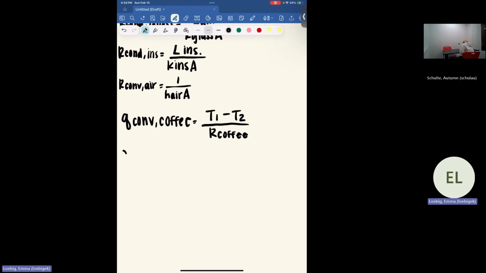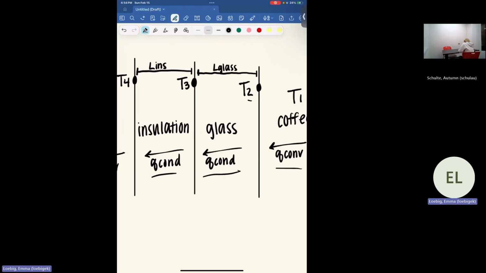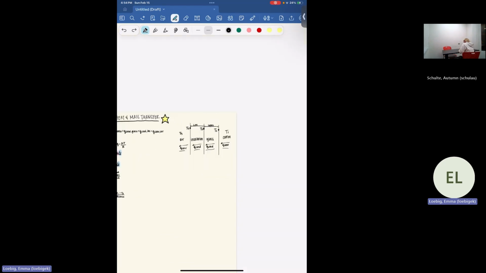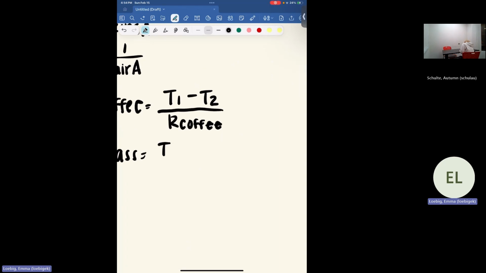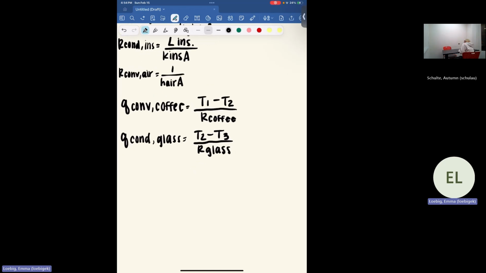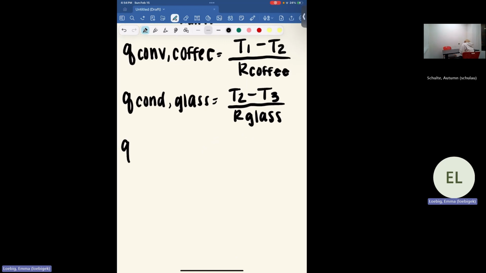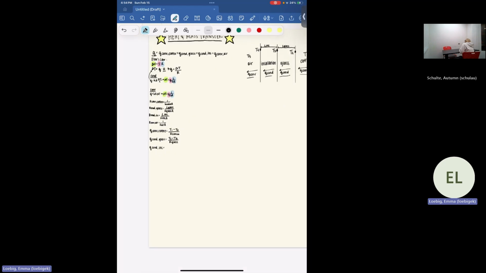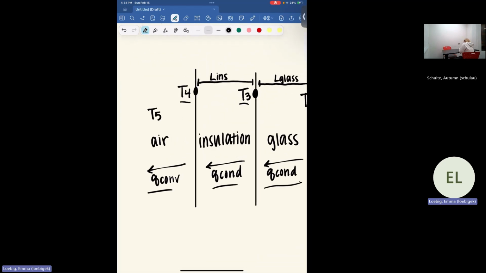Now we have our heat flow via conduction through the glass, which is equal to our temperature difference, now T2 minus T3, all over the thermal resistance of the glass. Then we have our Q conduction through the insulation, which is equal to this temperature difference, T3 minus T4.